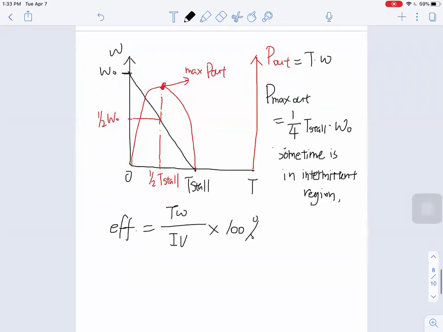And electric motors really have a much higher efficiency than internal combustion engines.